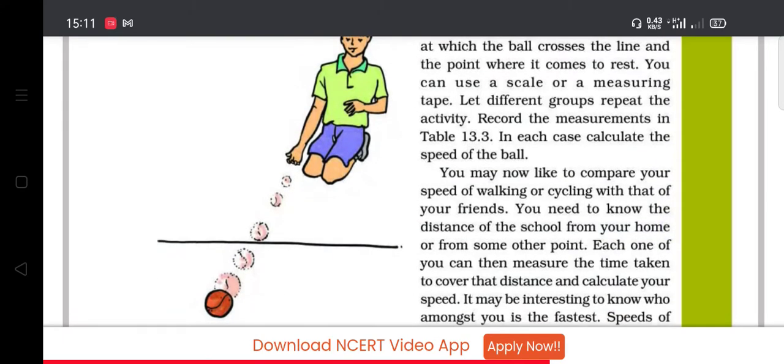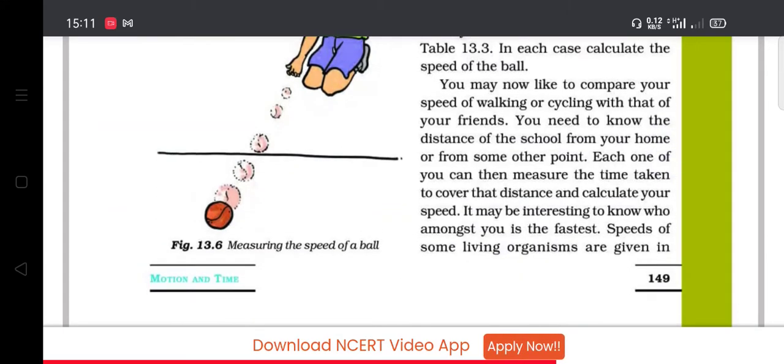And after repeating the activity, you should record the time required by the ball to reach that place. So the case in which the time required is less, you will say it has more speed.